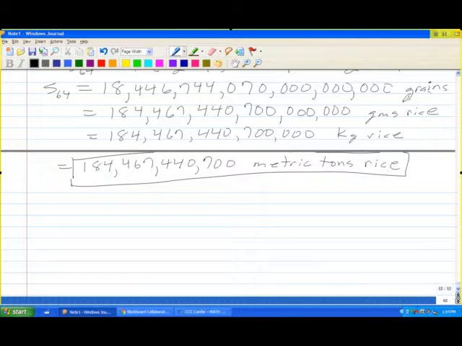So let me give you some practical applications of this. Applications involving money.